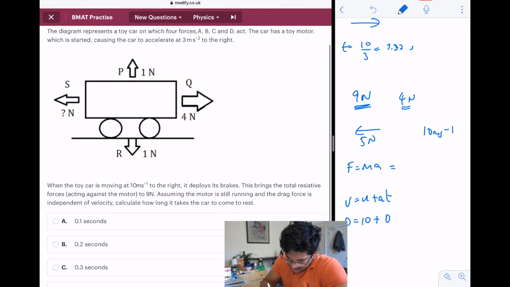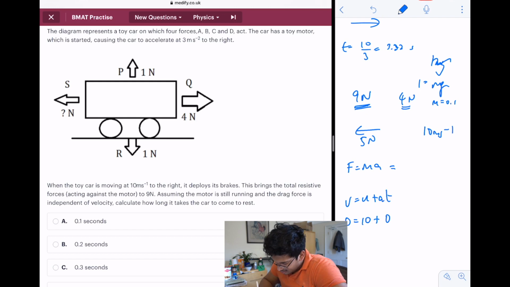Well, to be fair, I can work out the mass, because if the weight is mg, then 1 is equal to mg, clearly. So let's say g is 10, then m is equal to 0.1, I think.